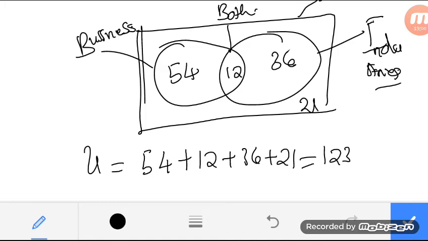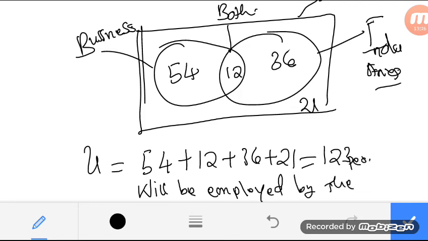So now we get 123 people. We conclude by saying that 123 people will be employed by the ministry.